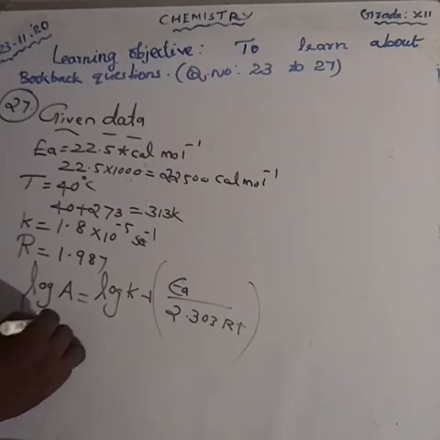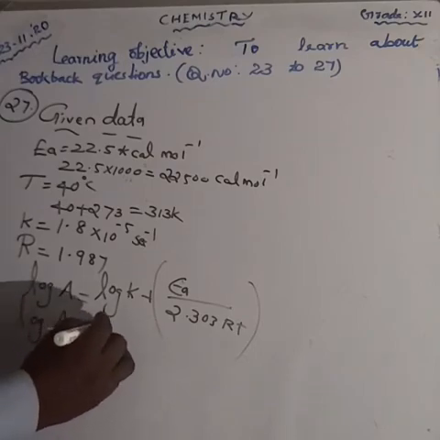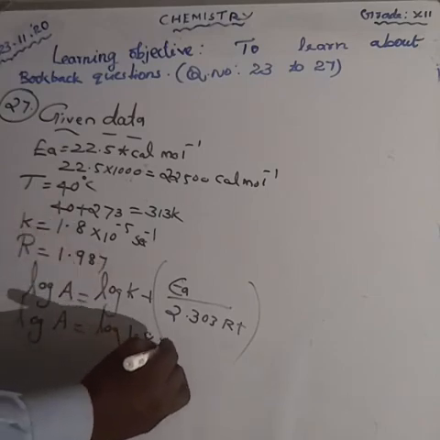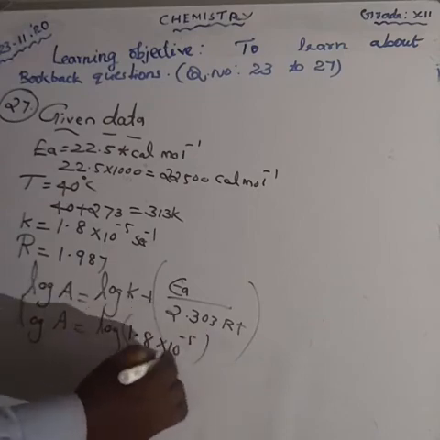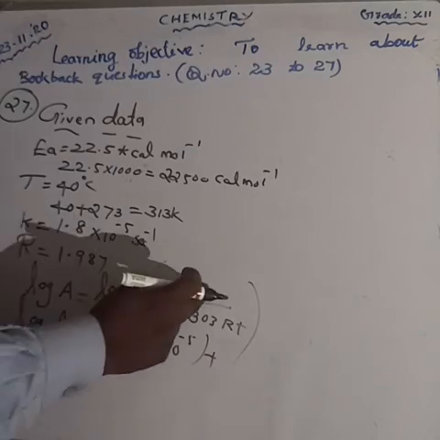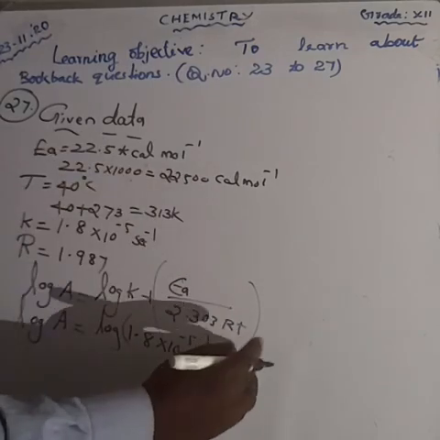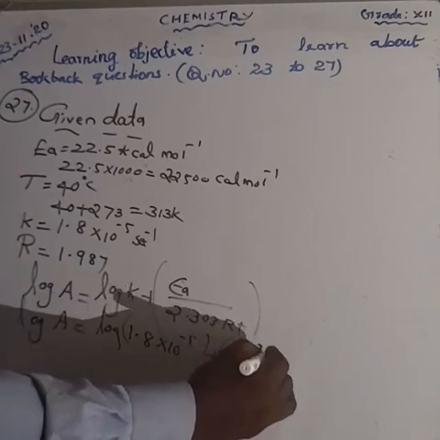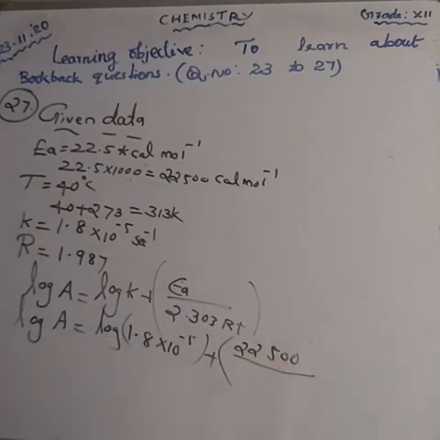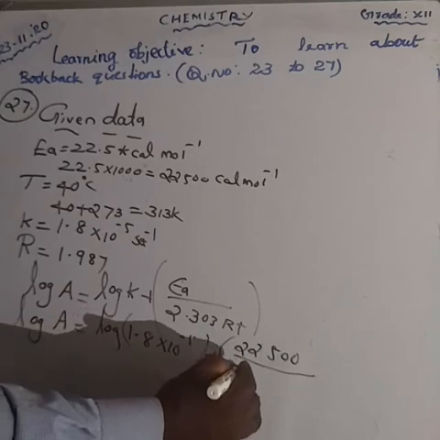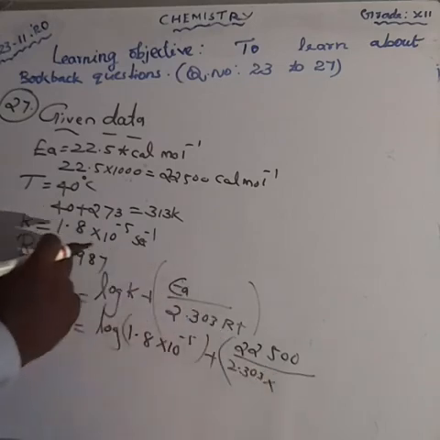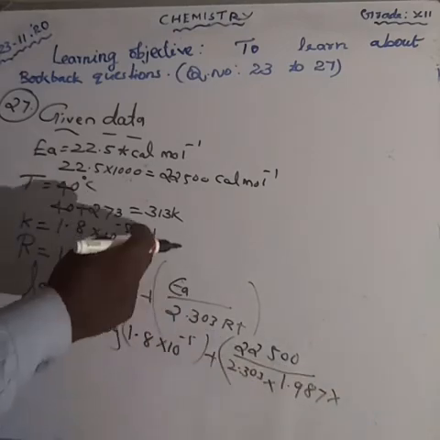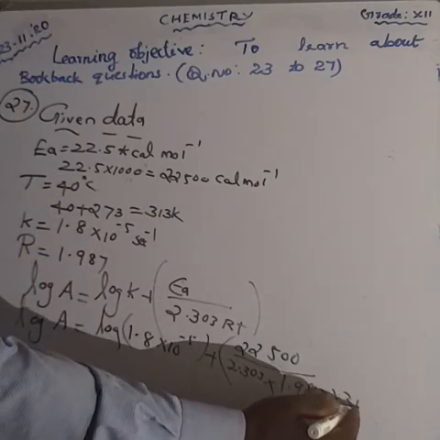Log A is equal to log of K, so 1.8 into 10 raised to minus 5, plus EA, which is 22,500, divided by 2.303 into the value of R, 1.987, into the temperature, 313.